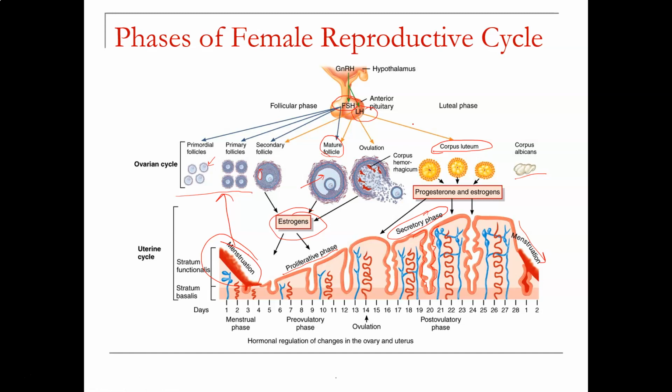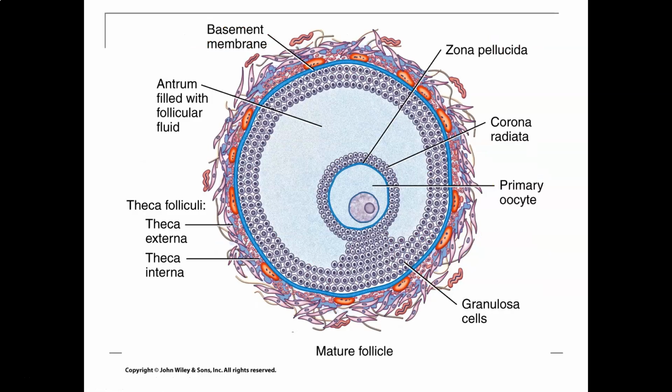Especially I want to draw your attention to ovulation, which occurs about halfway through the ovarian cycle, and how once the egg is ovulated, within a few days, if you look down in the uterus, it's going to be in the secretory phase, and this is critical for successful pregnancy. The uterus must be in the secretory phase, so we'll talk more about that shortly.